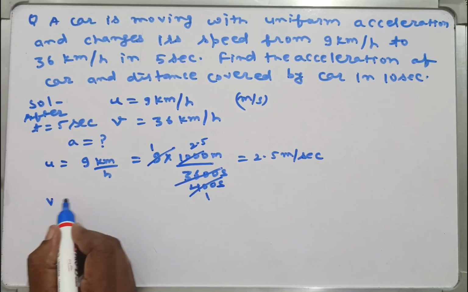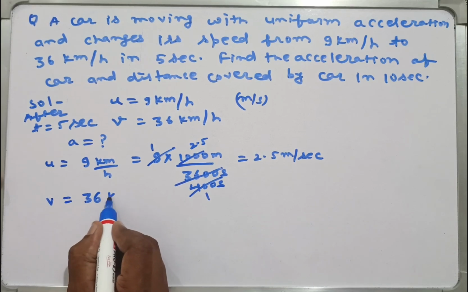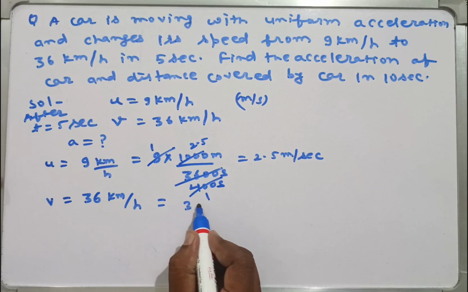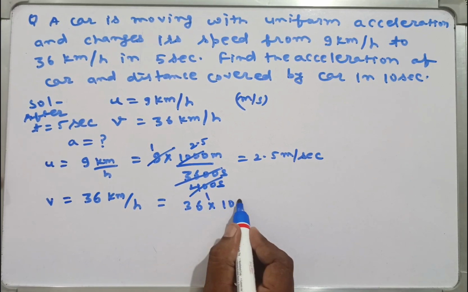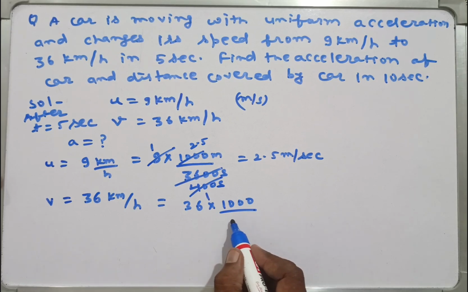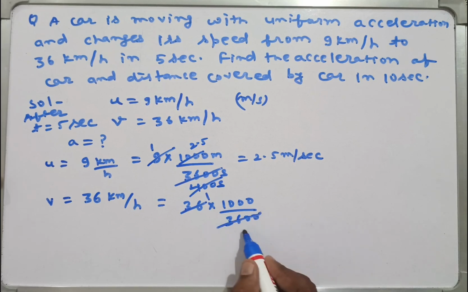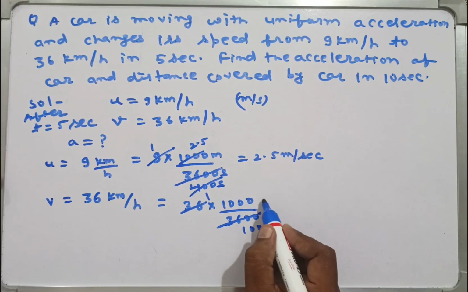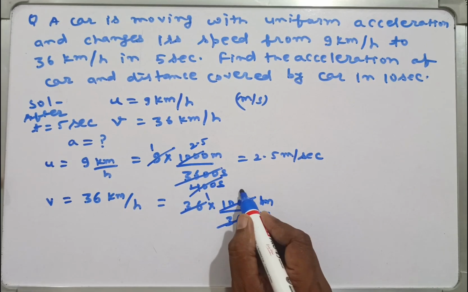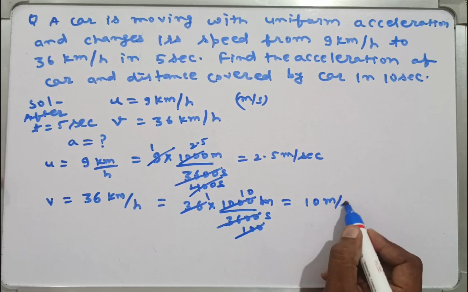Again v equal to 36 kilometer per hour. So we convert the same into meter per second. So this becomes 10 meter per second.